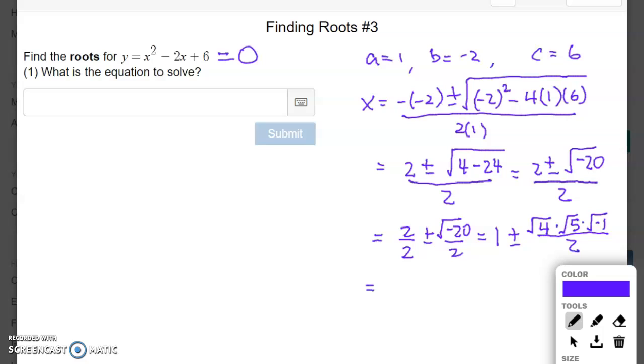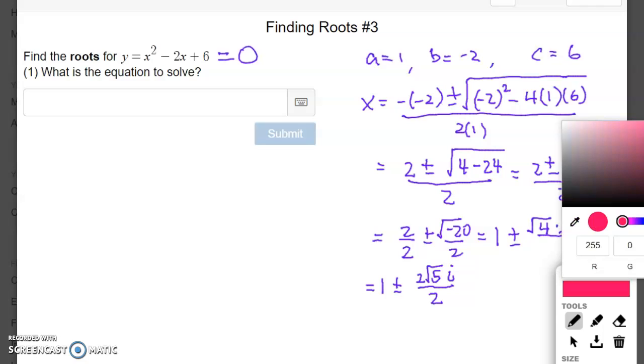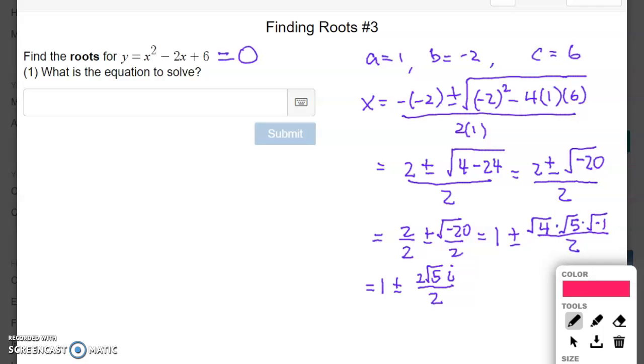So that simplifies to 1 plus or minus 2 root 5, I have my square root of negative 1 there, divided by 2. Now I should be able to see that 2 is being multiplied to the square root of 5, but then divided.